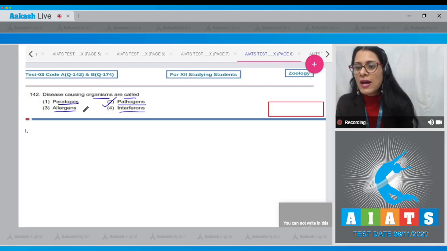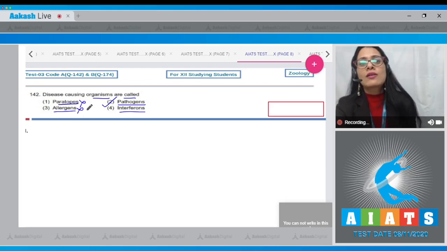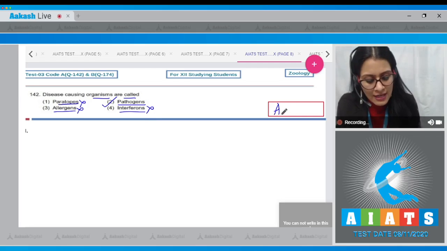The first option is paratopes, and this is an incorrect option. Paratopes are associated with antibody structure. Option number 3, allergens, is incorrect because allergy causing agents are termed as allergens. The last option is interferons, and this is an incorrect option because interferons are antiviral proteins which prevent multiplication of virus. So the correct answer to this question is option number 2.